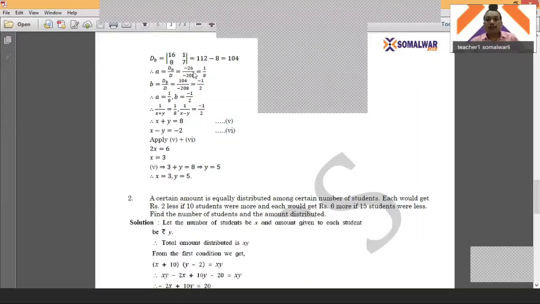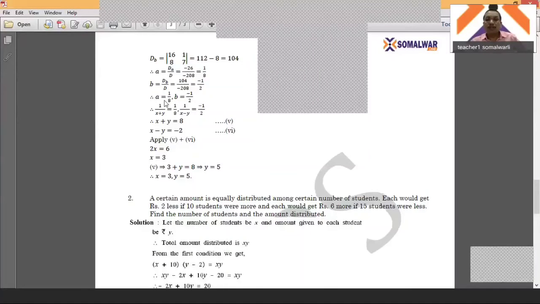Here the variables are x and y, but in place of x and y there are a and b, so we put the suffixes b and a accordingly. The value of a will be Da upon D, that is minus 26 upon minus 208, which gives 1 upon 8. b is equal to Db upon D, that gives 104 upon minus 208, which gives minus 1 by 2. So we got the value of a as 1 by 8 and b as minus 1 by 2.